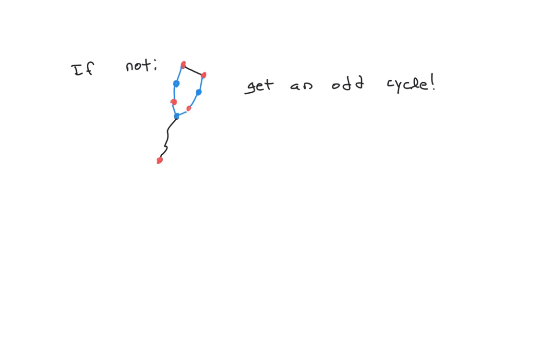And it turns out you can show that at some point there's some common vertex along these two paths, and then if you go along the path to this common vertex, you're going to get an odd cycle. And that ends up being the proof.